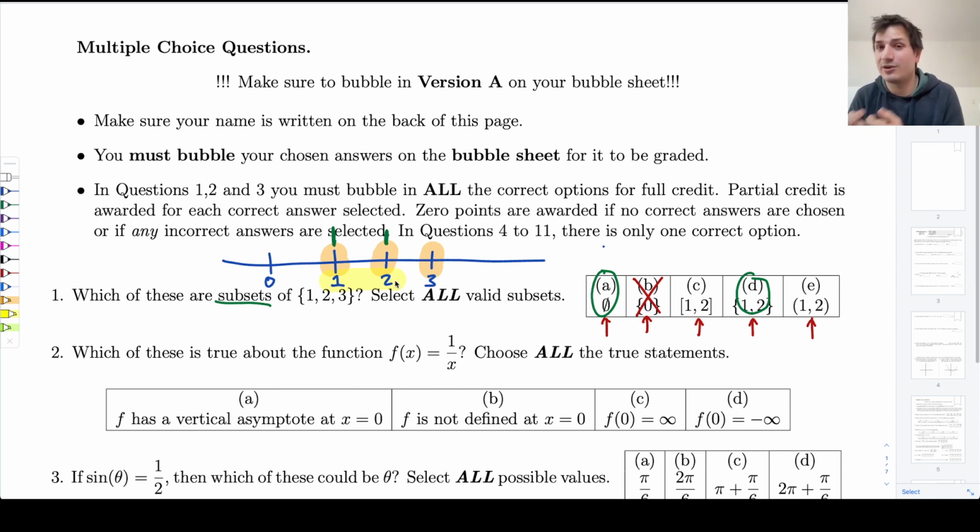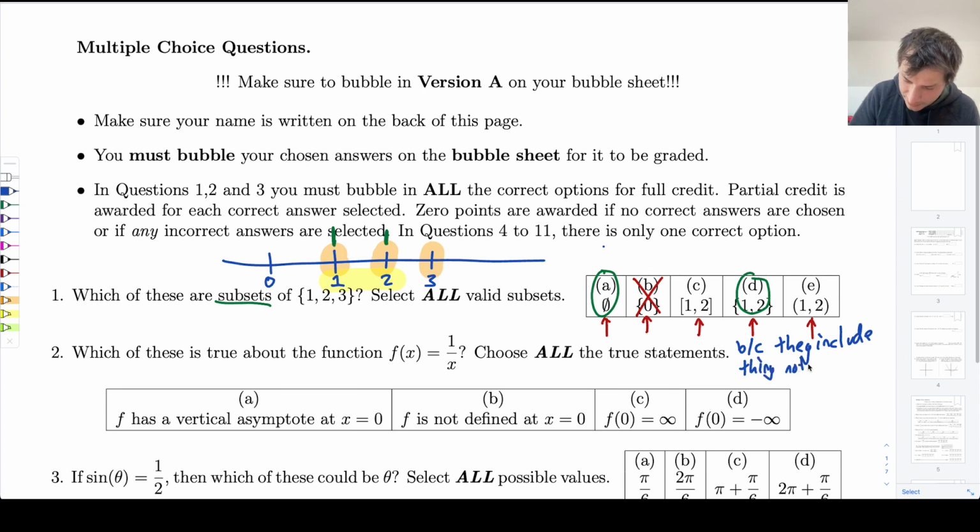They include things that are not there. For example, 1.5, therefore not a subset of 1, 2, 3. So these ones are both wrong.